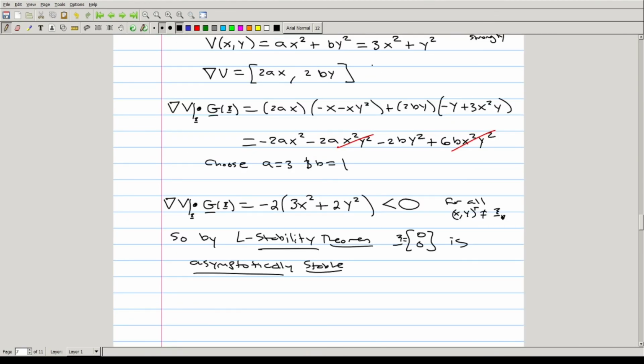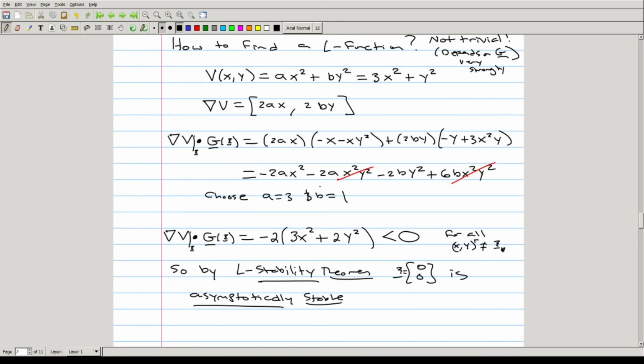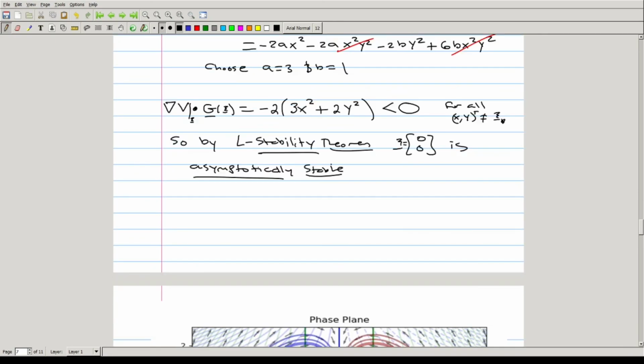So the positively invariant sets for this Liapunov function are the ellipses, or the sets satisfying V of x, y, which is 3x squared plus y squared, less than or equal to c.